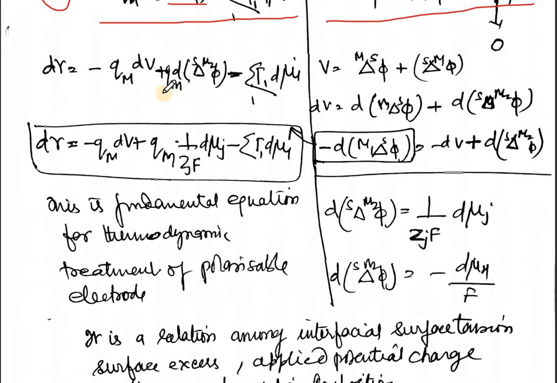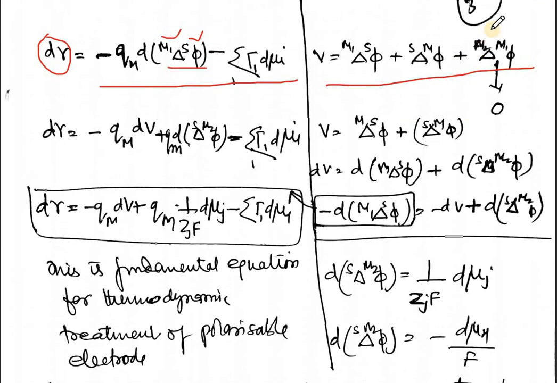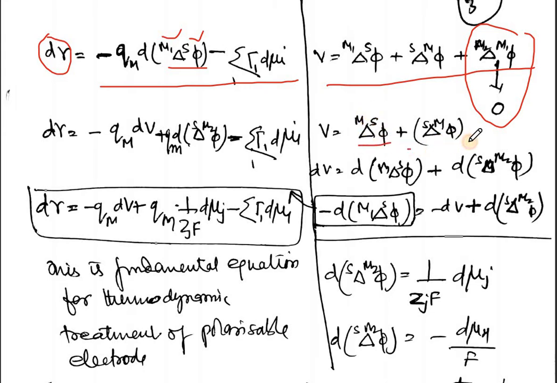We don't have any concern with this metal to metal potential, but we are concerned with the electrode and electrolyte interface, M1 S and S M2, del phi.